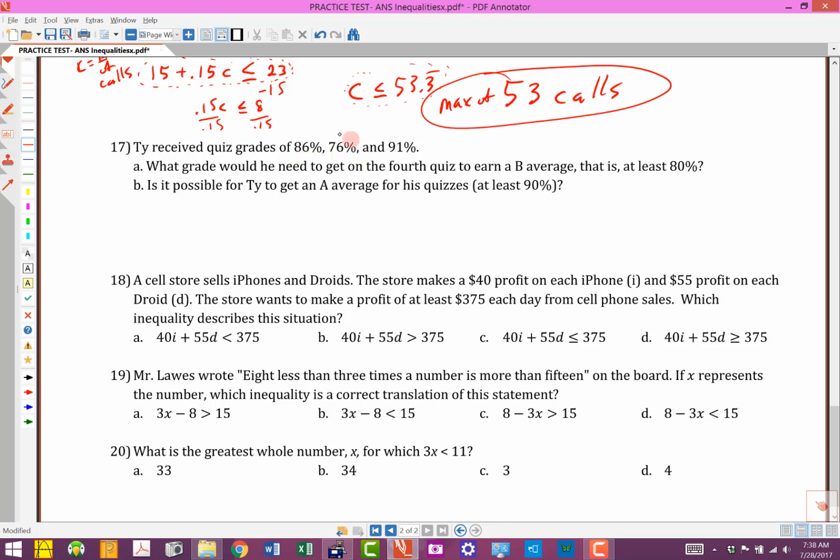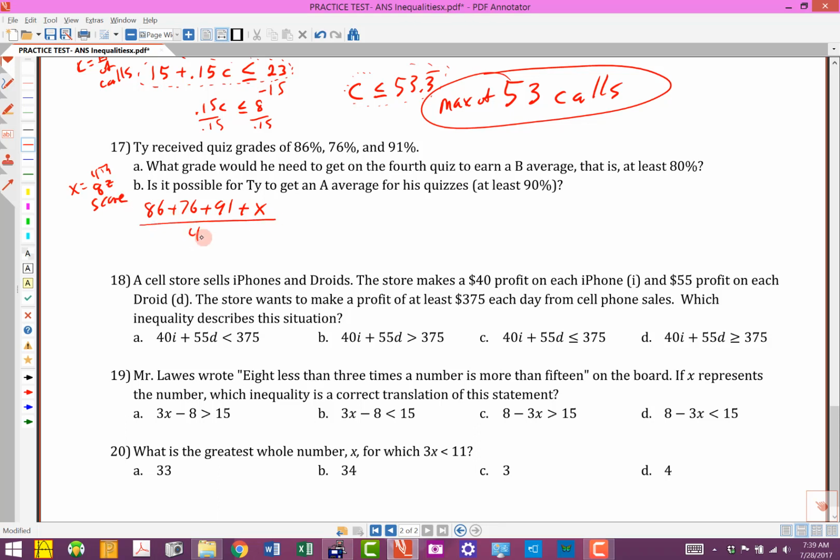So remember, he's taken 3. So here's the first one, second one, and third one. We don't know what his fourth quiz is, but we do know how to average 4 things. So we're going to take 86 plus 76 plus 91 plus his next quiz score. We're going to call that X. X is fourth quiz score.